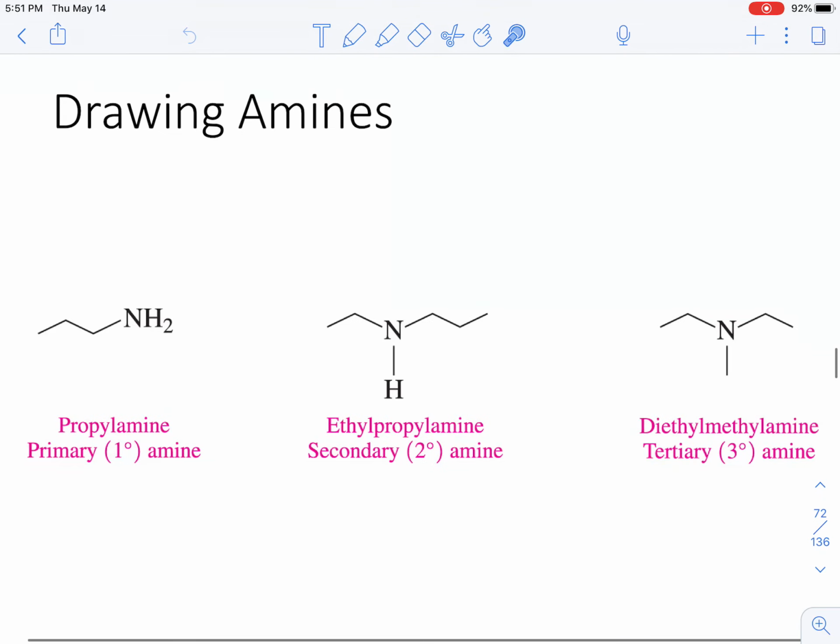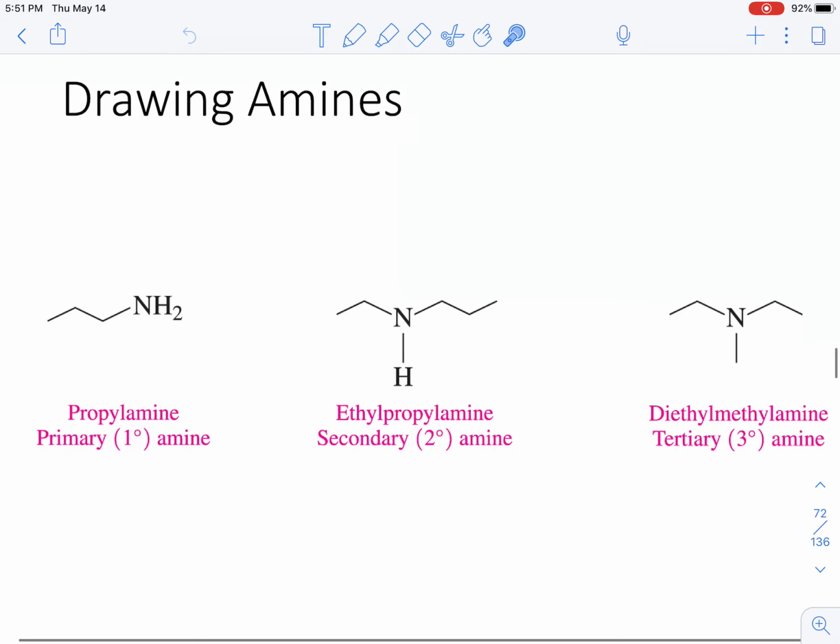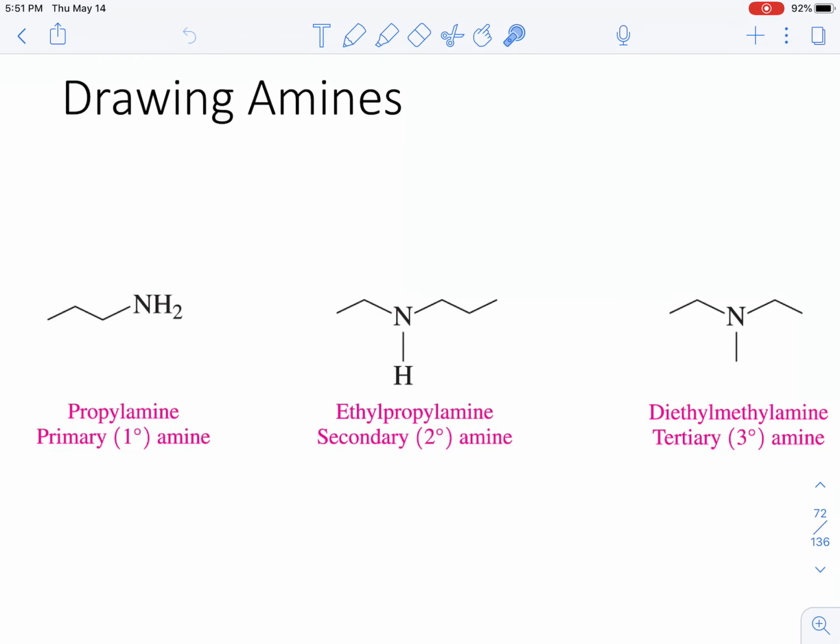So when you guys are representing amines in terms of a skeletal structure, it's really important to draw in the hydrogen, the number of hydrogen that's present on the heteroatom nitrogen.